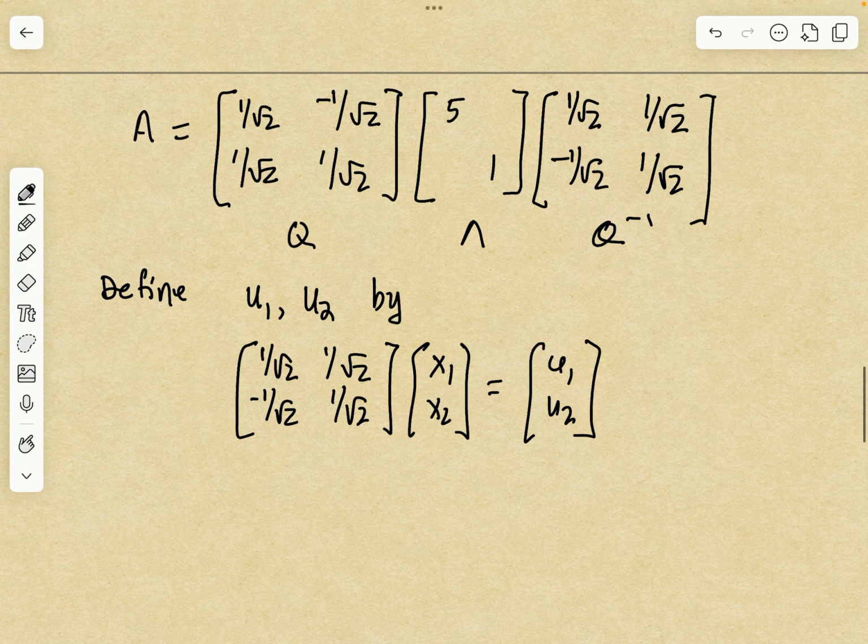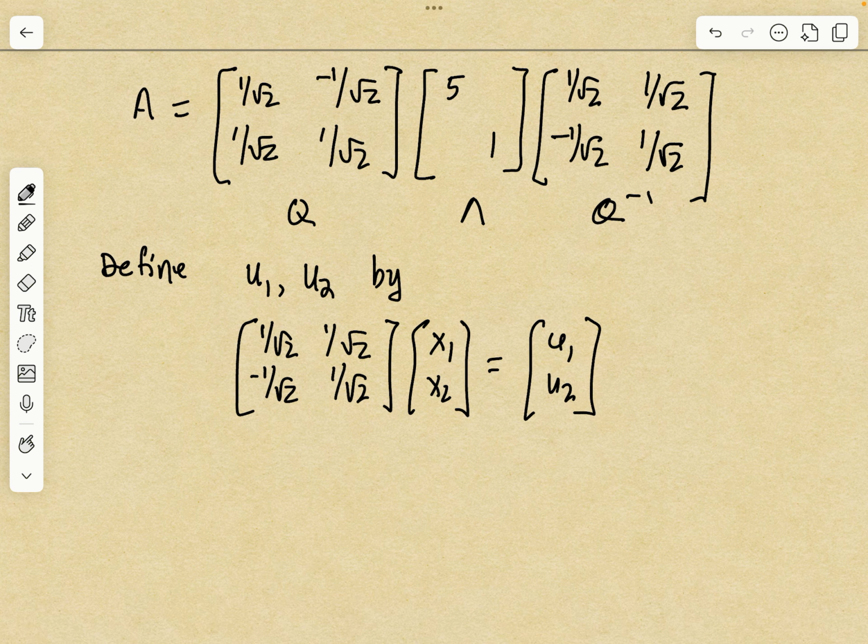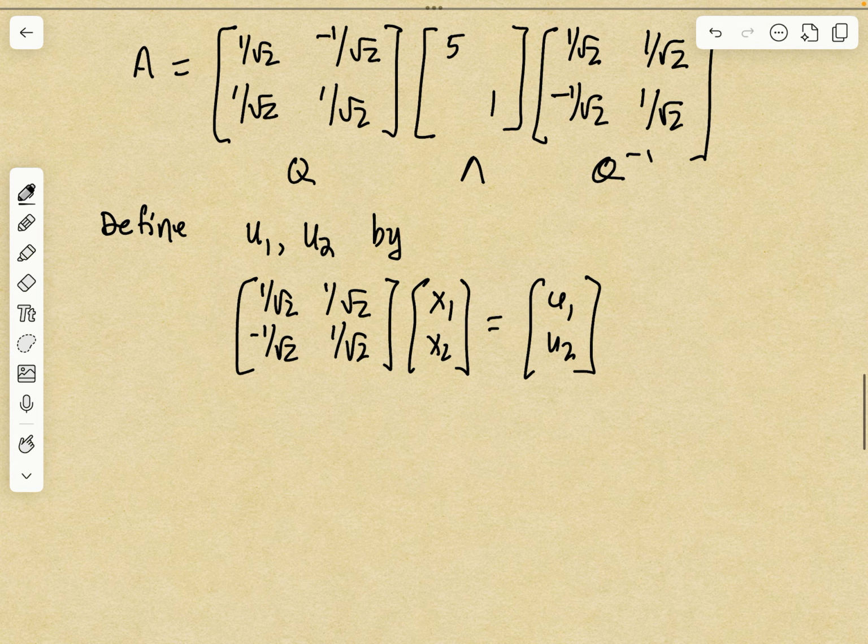Okay, I'm not going to write all this out, but u1 is just going to be 1 over root 2 x1 plus 1 over root 2 x2. u2 is going to be negative 1 over root 2 x1 plus 1 over root 2 x2, right? Then our quadratic form, f of x1, x2, is equal to 5u1 squared plus 1 u2 squared.